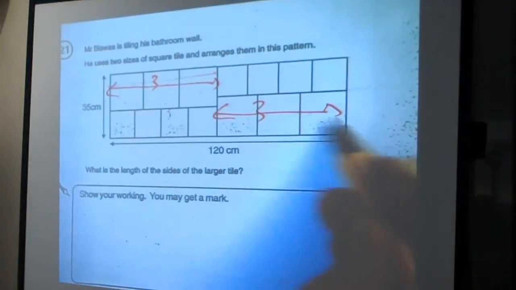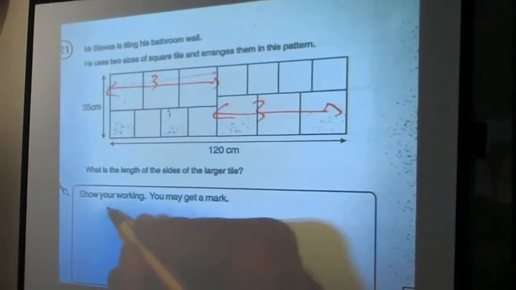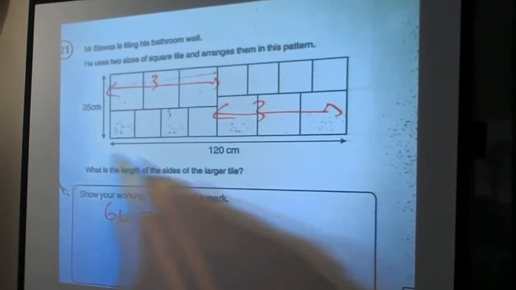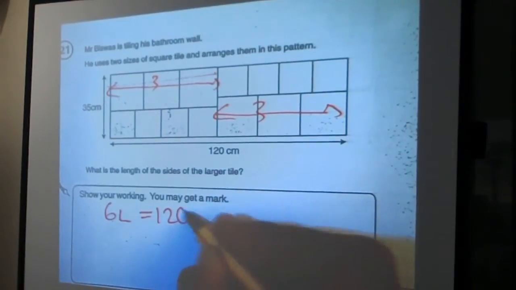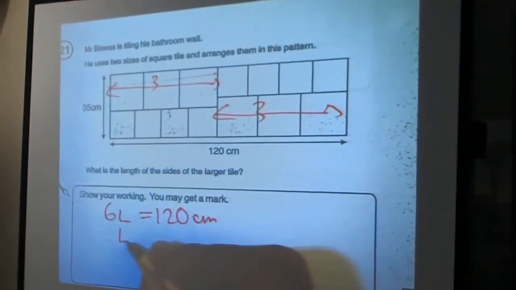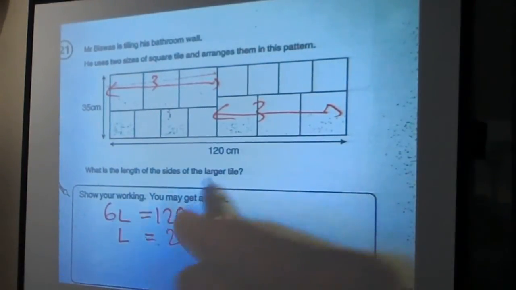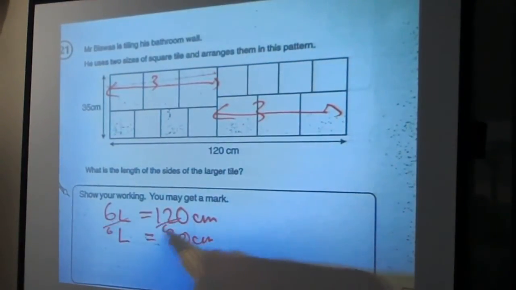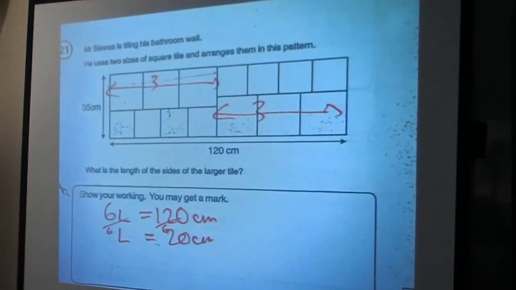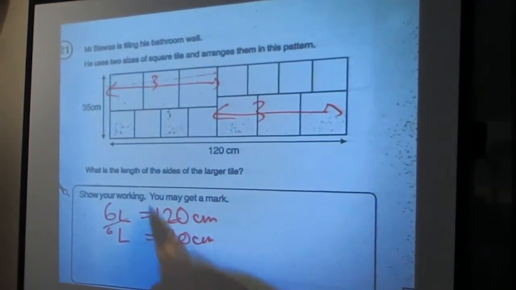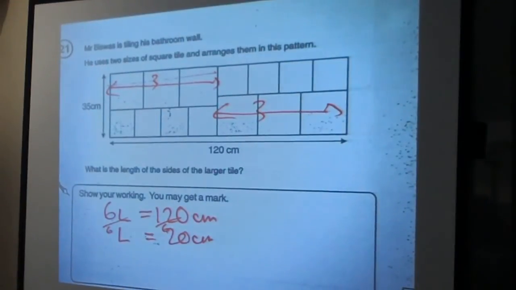What's 3 add 3? 6. So 6 large tiles have a total displacement of 120. So one large tile has a displacement of 20 centimeters. That's so easy, because we divide that by 6 and we divide that by 6. So 20 centimeters is the length of one of the larger tiles, and that's the end of the question.